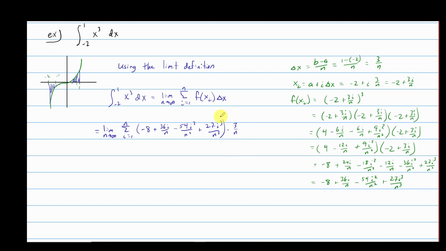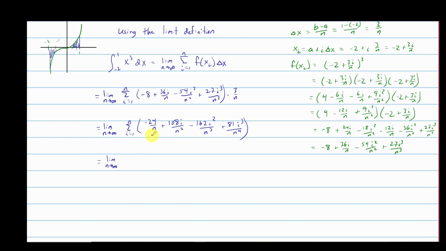Okay, let's go ahead and distribute that 3 over n. So I have negative 24 over n plus 108i over n squared minus 162i squared over n cubed plus 81i cubed over n to the fourth. Here's where we're going to really employ our properties of that sigma notation.